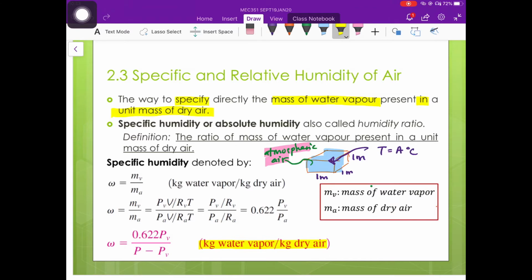We can say that the dry air and the water vapor are sharing the same volume and the same temperature. We can now simplify our equation to these terms.